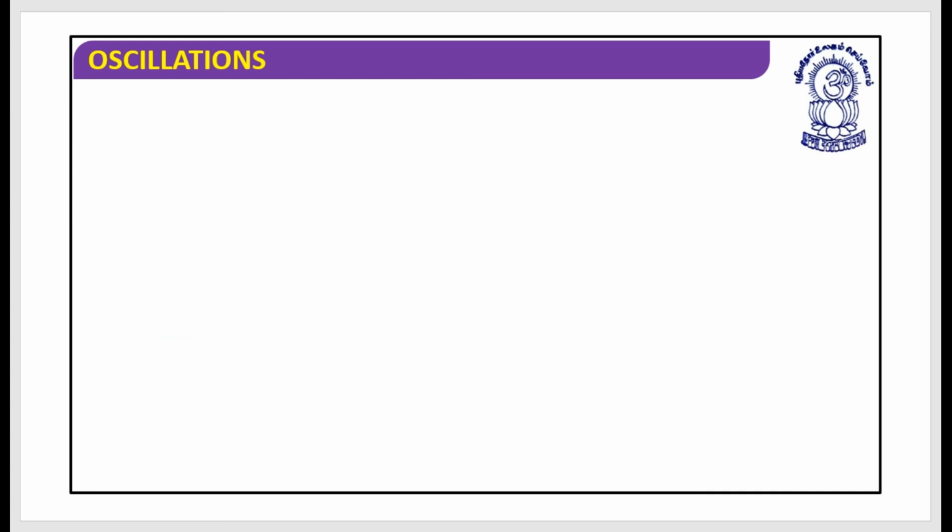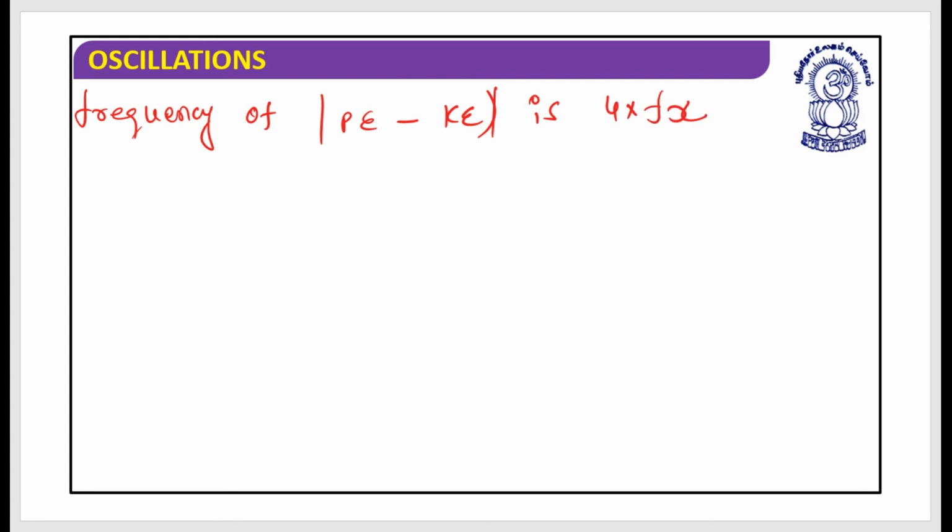And last but not the least, frequency of potential energy minus kinetic energy is 4 times the frequency of displacement. So this is frequency of potential energy minus kinetic energy, which is equal to 4 times 20 hertz, which is 80 hertz.